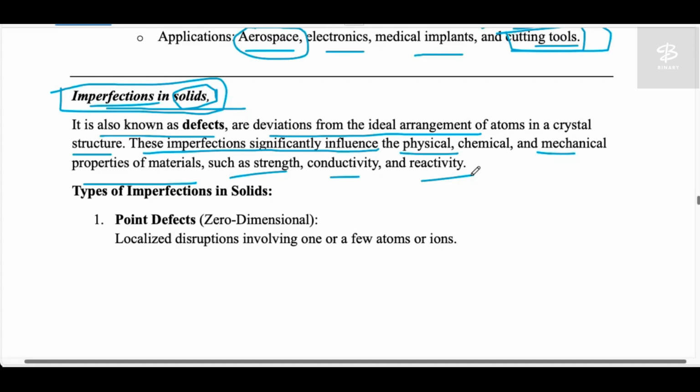All contributions come out to be equal to four atoms, and on the basis of the four atoms you have calculated the packing efficiency as 74%. But if one face has no atom, would it be the same packing efficiency? No, because the number of atoms is less. It means the volume occupied by the atoms would be less as well, so the packing efficiency will be compromised.